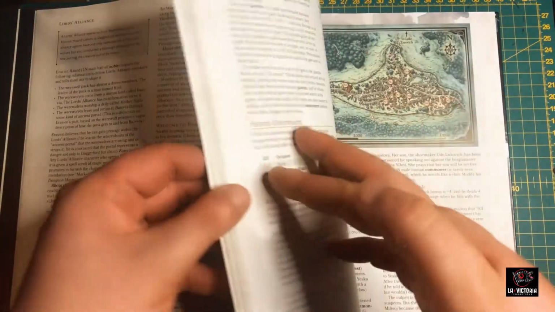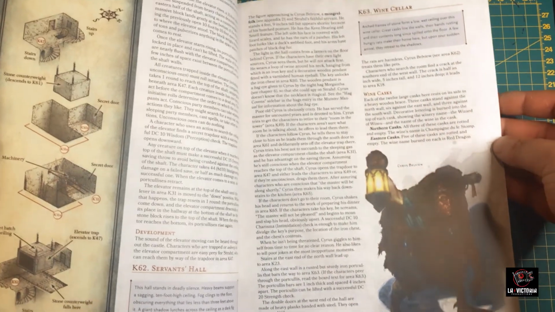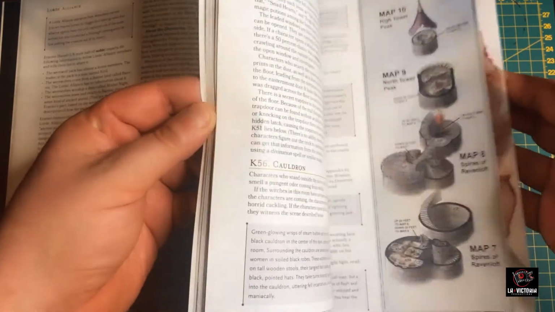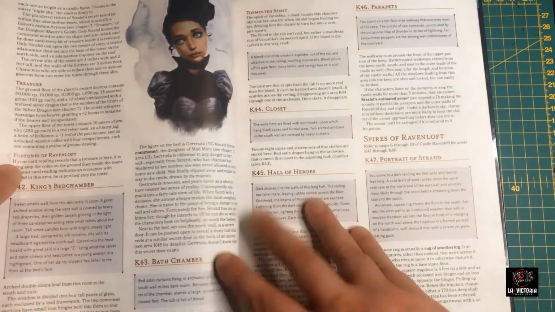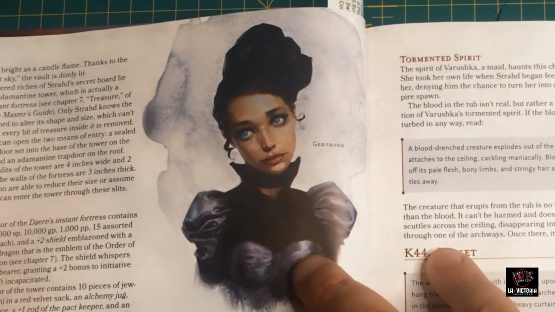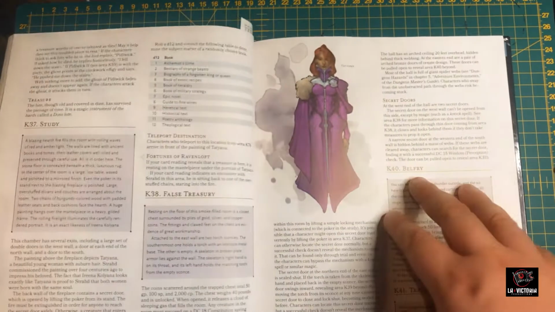And so everything is just a little bit off. The people that you meet, the encounters that you have are all just a little bit strange and unusual. And I think the artwork really reflects a lot of this brilliantly.